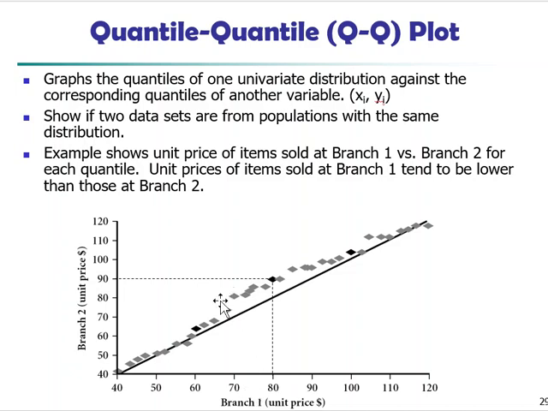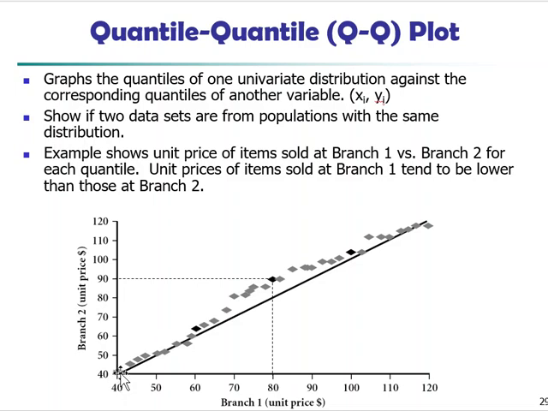The way that we plot this is we first again sort the values. All the unit prices in branch 1 are sorted in increasing order, and we do the same for branch 2. Then we pair up those individual values.